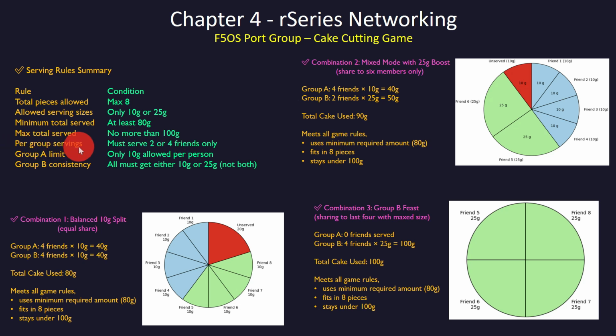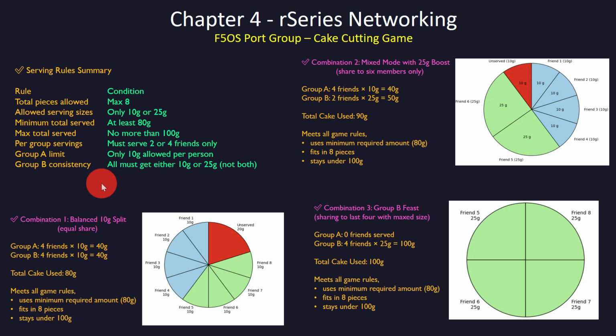Per group serving should be in even numbers; must serve 2 or 4 friends only. Group A limit: only 10 gram allowed per person. Group B consistency: all must get either 10 gram or 25 gram, not both.